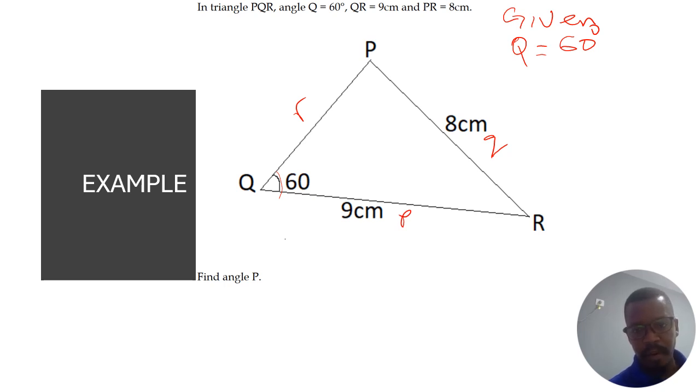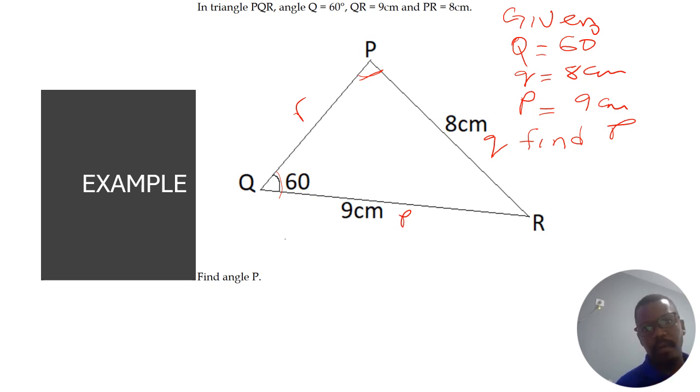So you have angle Q, which is 60 degrees. You have small q, which you know is 8 centimeters. And you have small p, which is 9 centimeters. From this, they want you to find angle P, which is that angle.